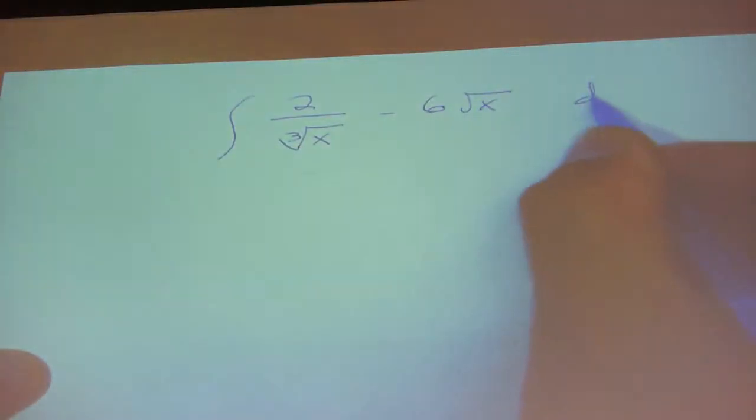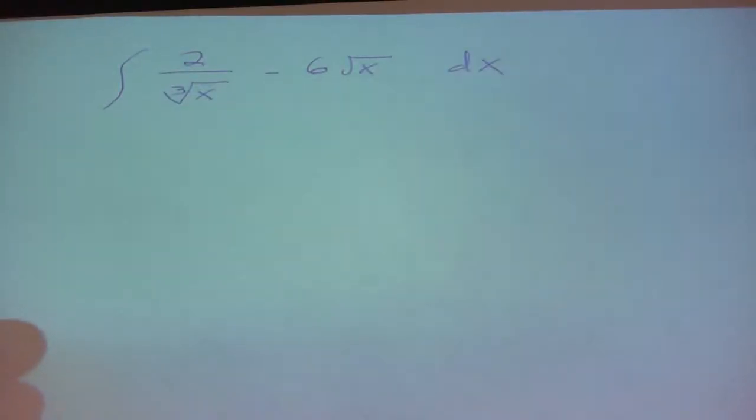Next one. Again, this is a lot of rewriting, so I'm going to give you a chance. 2 over cube root of x minus 6 square root of x dx. Rewrite it first, then take the integral. So I've got to find out where our issues are. Is it the rewriting?